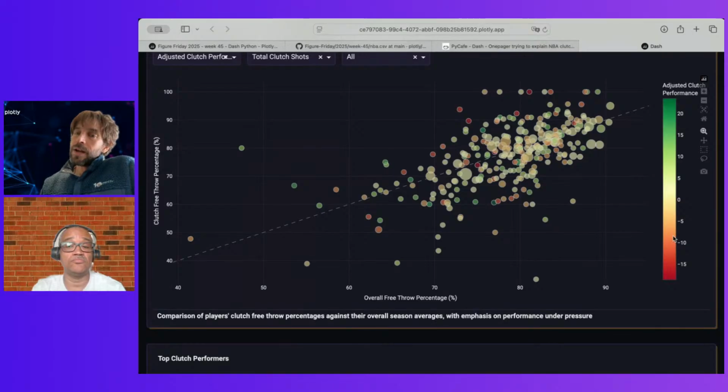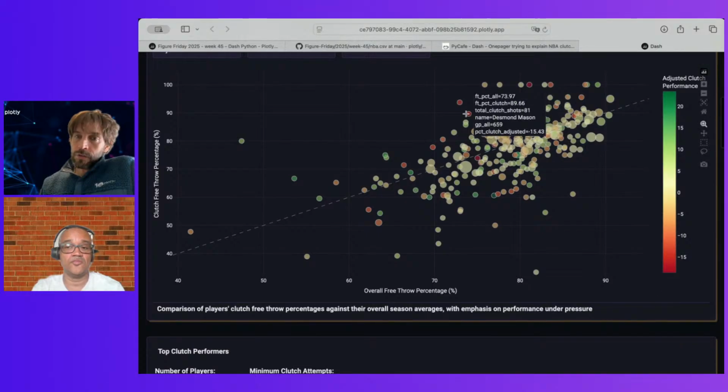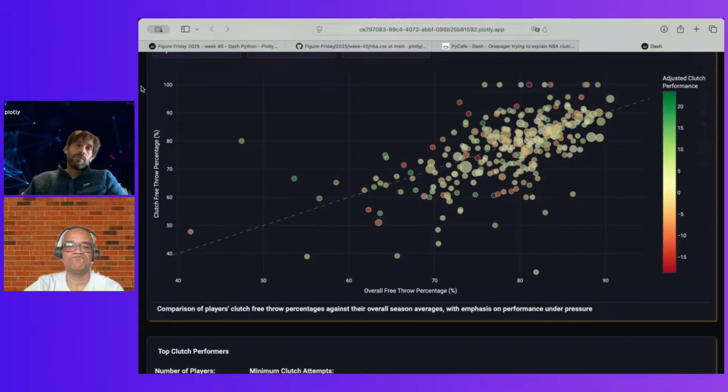I'm trying to figure out, like, if I see red here, minus 15, because I don't think Esther put a lot of information here. What are we adjusting exactly? Because when I first saw this, I assumed that what Esther meant by adjusted clutch performance is that their performance is a lot better during the clutch than the normal time, so they'd be more green. But that's not the case. I don't think I understood this correctly.